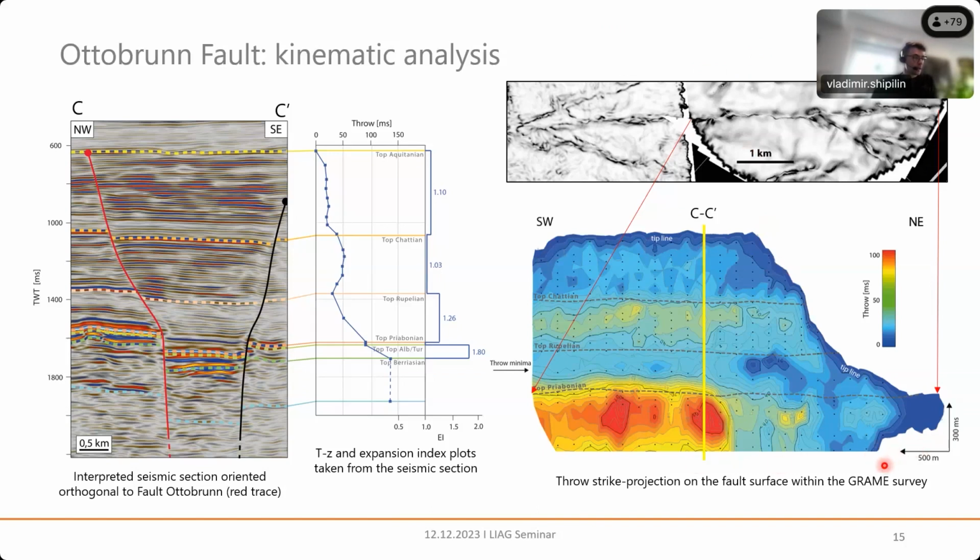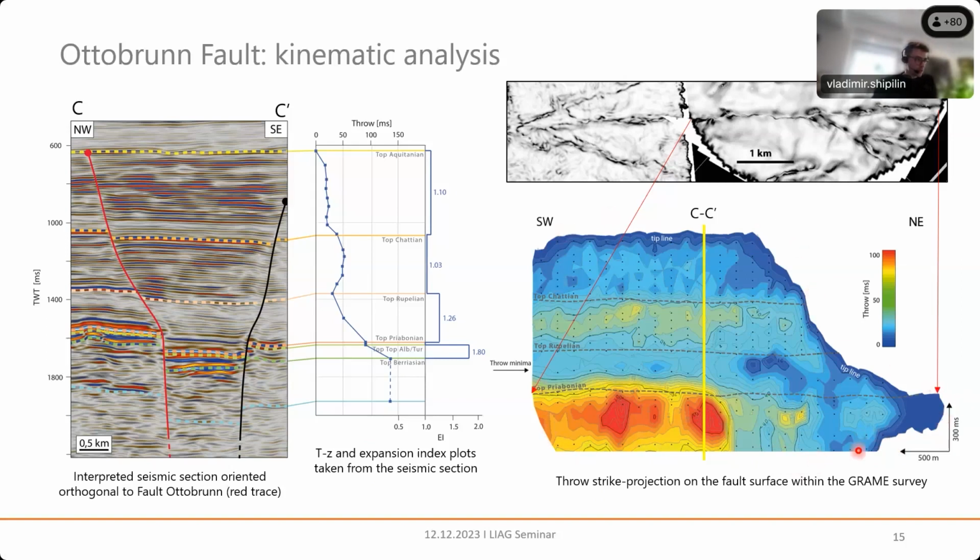So basically, I picked throw values at 21 displaced horizons, and I did that with an interval of around 250 meters. And then I projected the throw values onto a vertical plane along strike of the Ottobrunn fault, and then I constructed the contour maps.